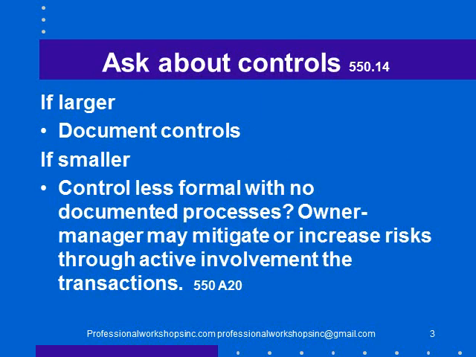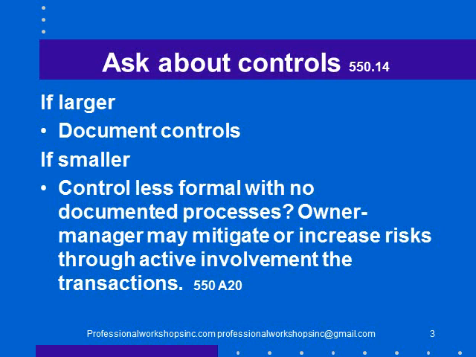We are to ask management about controls as we would ask them about controls over most everything. In larger organizations, they will probably have specific sets of internal controls to deal with related party transactions, and we would then document those controls to the extent that we considered necessary. If it's a smaller organization, controls are probably going to be less formal.